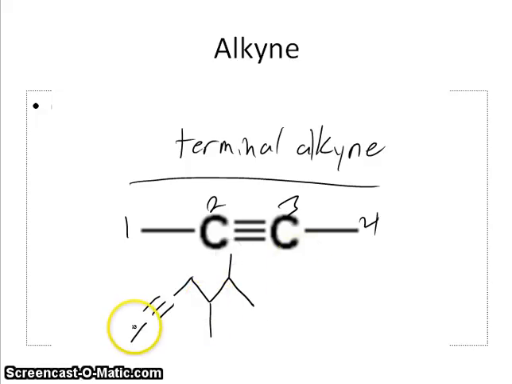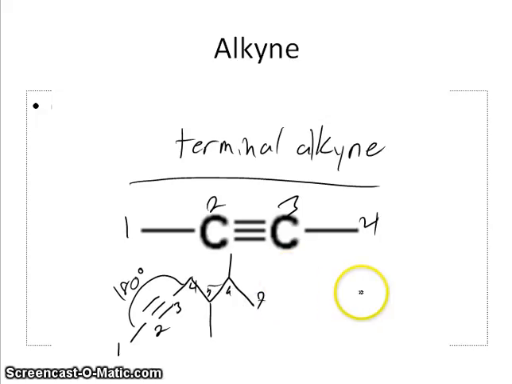Notice that this is still at a 180-degree angle, so it's perfectly content with everything I've told you. And like I told you with the alkene, you want to give this the lowest possible number, so you'll start 1 here, and over here's a 2, 3, 4, 5, 6, 7, making that longest chain.